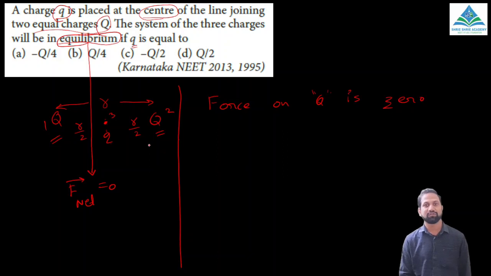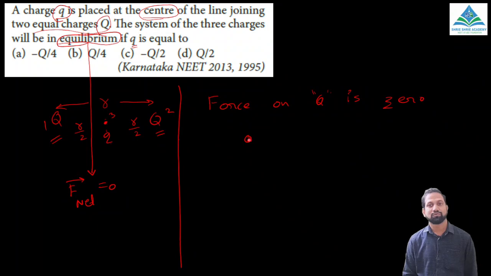If you draw the diagram for the second charge, the force due to the first Q will be this way because they are like charges, that is kQ by r square. The force due to the third charge that we are placing at the center, again we have to consider this way, that is kqQ by (r by 2) square. The sum of these two forces is the net force and it should be 0.